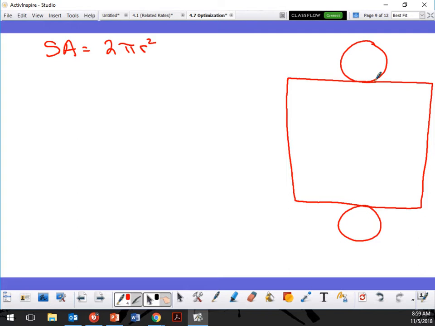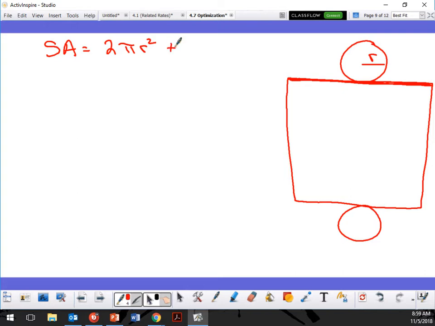So I basically just cut it out and laid it all flat, right? From here I should have an r, and I know from here to here is wrapping around the circle. That would be the circumference, right?